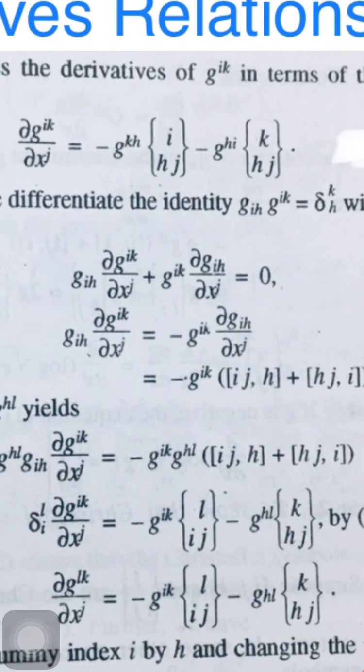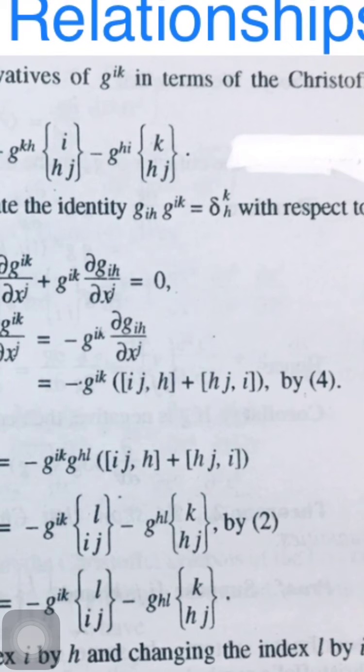Now the important thing: the second term is taken to the right hand side, so it becomes negative. Now ∂g_ih/∂x^j can be written as the sum of these two forms as we saw in the equation of the last page.